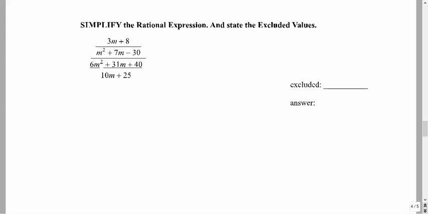All right, here's the next one. Looks really scary, but it's not once you start breaking it apart. First of all, this is our first fraction, so I'm just going to rewrite that.